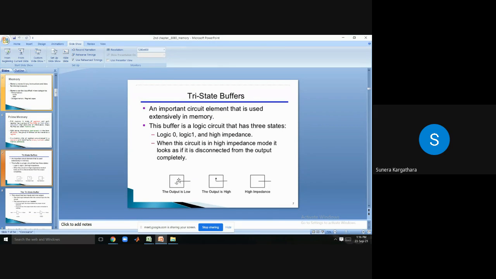Suppose I say buffer, or flip-flop, we can all understand it will hold either 0 or 1. In the same way, a tri-state buffer is also a device in which you can hold your data. Buffer means, we know, it will hold your data. In a flip-flop, you can hold your data only in terms of zeros and ones.